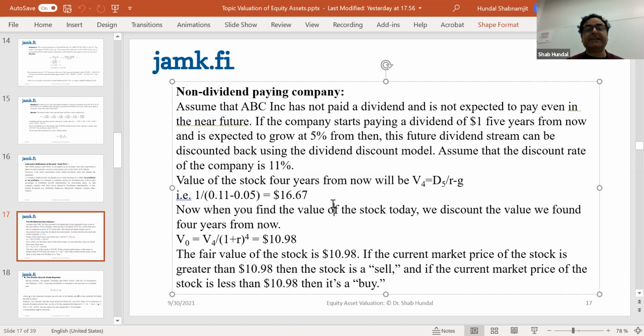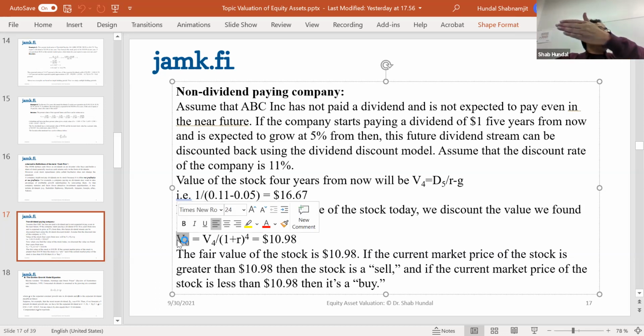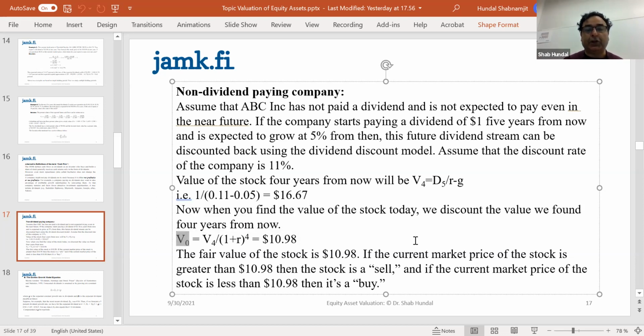It means that the expected price of this company's stock in the fourth year is 16.67. And if you know the fourth year price, by using the same methodology, you can calculate the stock price today. So discount it even backwards. From the fifth year, you discount for the fourth year, and from the fourth year, you discount back to year 0, now. Same methodology, it means that 10.98 should be the fair price of this stock.